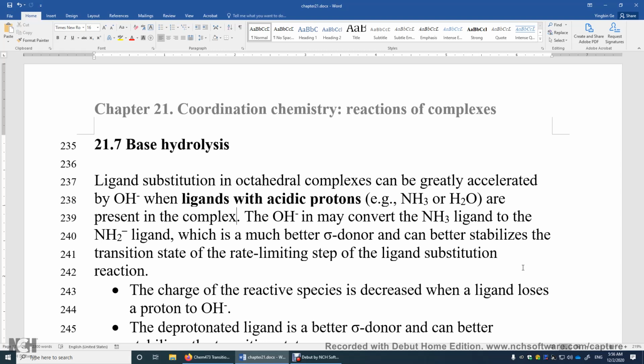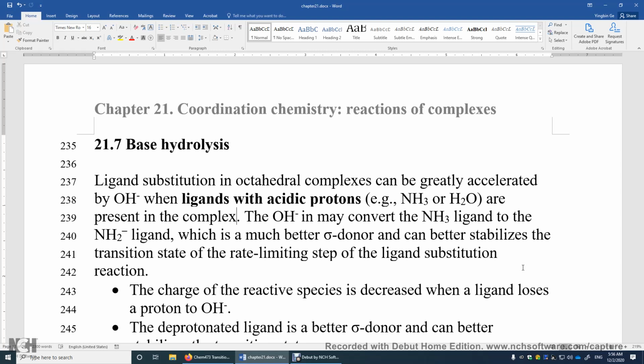This is because the hydroxide ions in the solution may help convert the ammonia ligand to the NH2- ligand, or the water ligand to the hydroxyl ligand.